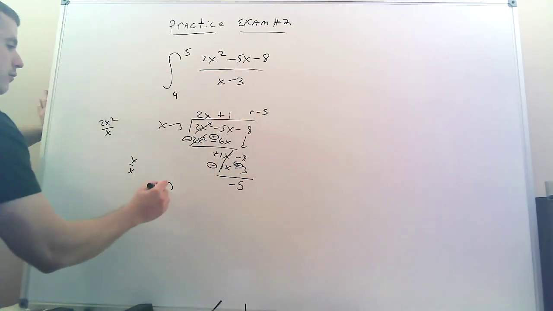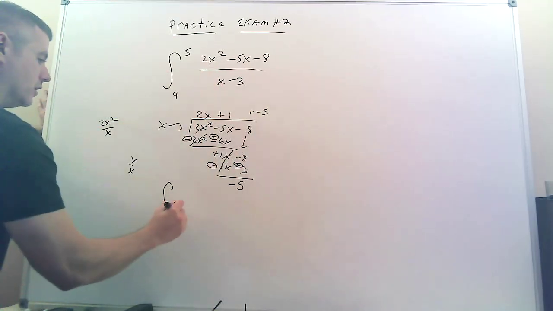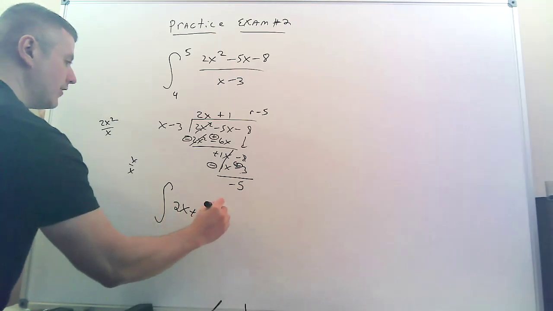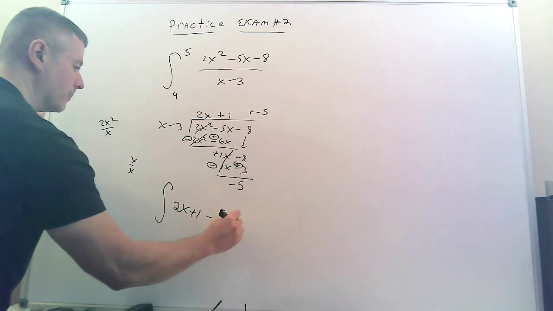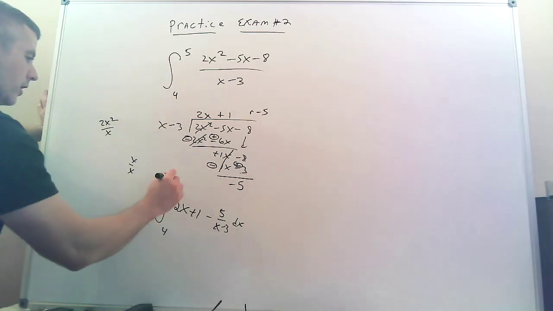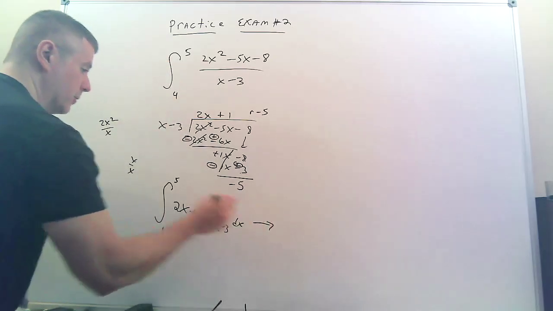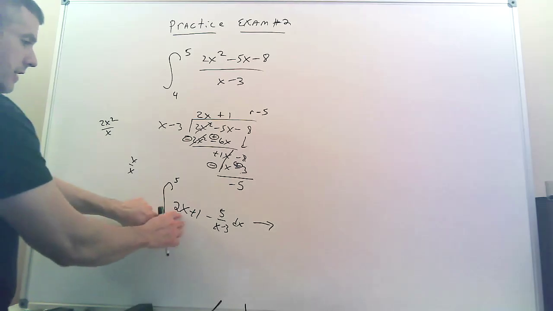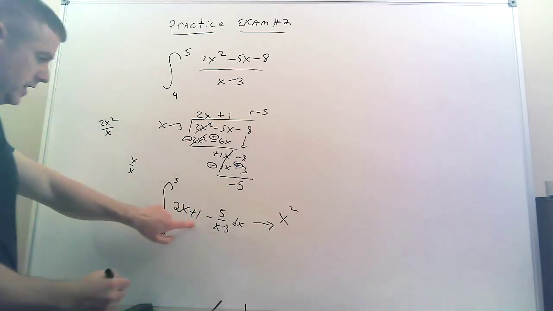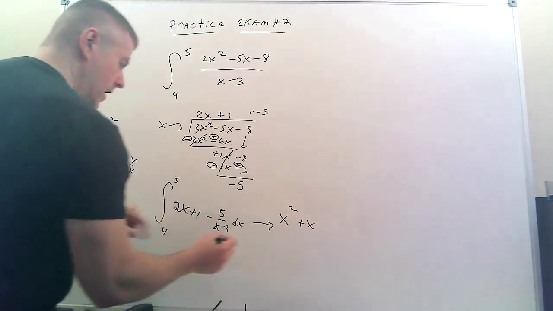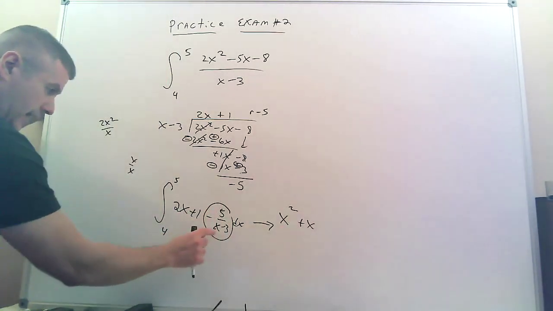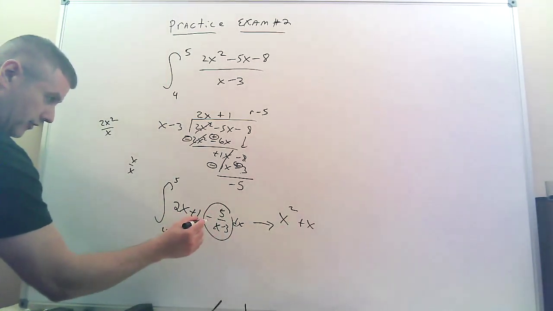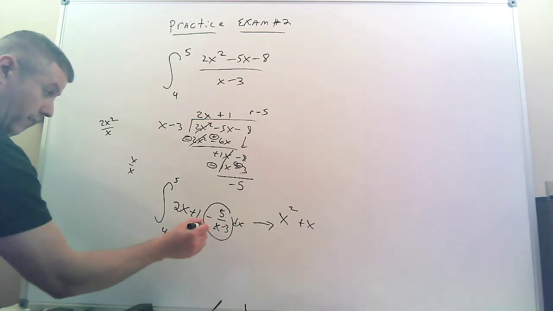So when you rewrite the original integral, when you do the long division, you get 2x plus 1 minus 5 over x minus 3, evaluated at 4 and 5. Now I understand exactly why I picked those numbers, and I'll show you in a minute. Integrate this, you get x squared. Integrate this, you get positive x. Now remember, this does not have a number here. This is not a 2, this is not a 3, there's a 1 there.